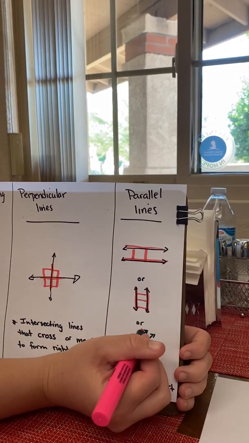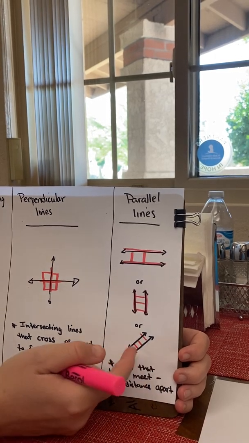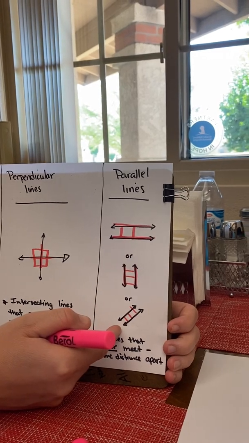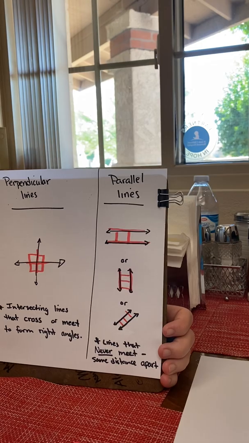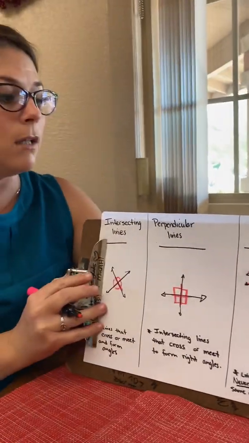They can go diagonal, but again, the distance between them does not change. So the best way to think of parallel lines is to think of like a ladder or a railroad track. Those are the type of lines that I think of when I think of parallel lines.